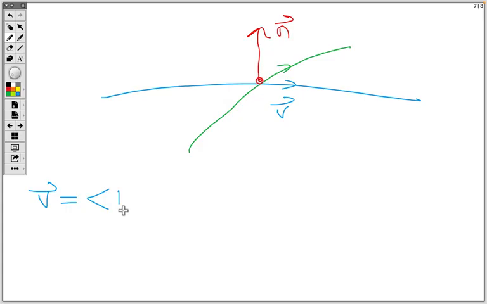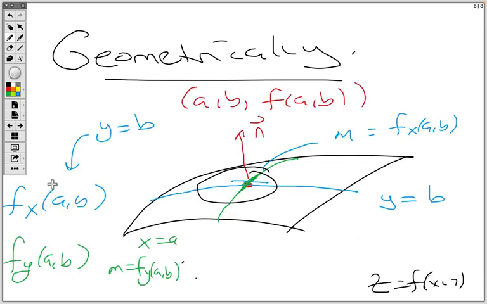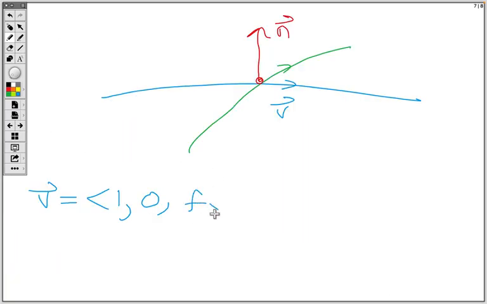So if I move one unit in the x direction, I'm not moving any units in the y direction because we're holding y constant on this line. And then how far will I move in the z direction? Well, this is the rate of change. So that would be fx at a, b times 1 unit in the x, and that would be the z. So this would be your change in x, change in y, change in z.